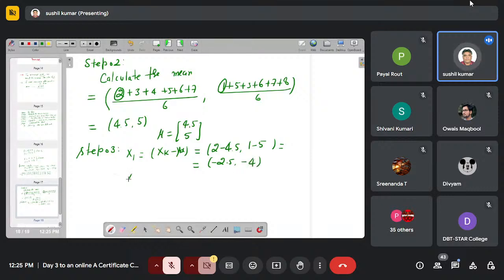Similarly, what will be x2? 3 minus 4.5 and 5 minus 5.